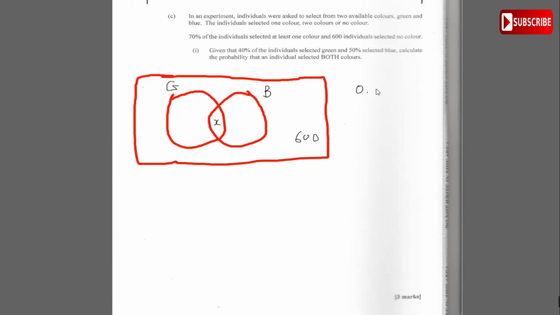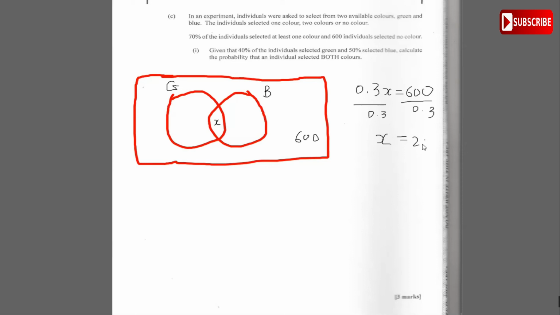So by calculation, 0.3 times the total amount of people is equal to 600. And so if you divide both sides by 0.3, that gives you the total population. And the total population in the school, if it's a school choosing colors, is going to be X equal to 600 over 0.3, which is 2000.